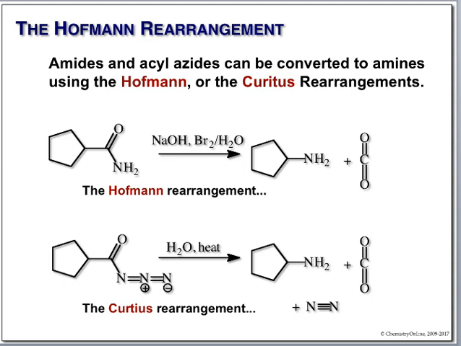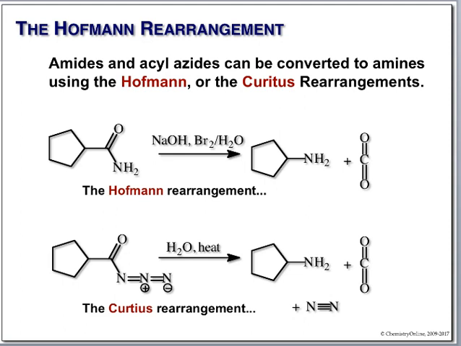And it worked nicely. Think about it, you have an amide here that could come from a carboxylic acid, make the acid halide, make the amide, and then you make the amine directly. So it's a nice versatile way to do these things. The other one is much more dangerous, called the Curtius rearrangement.